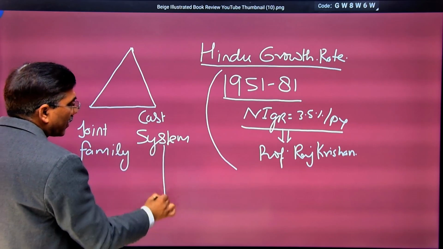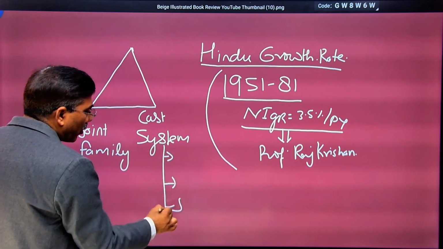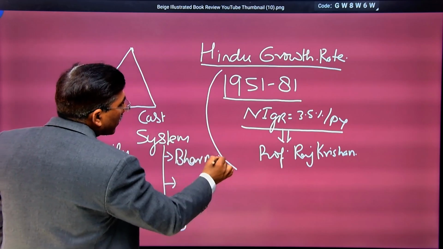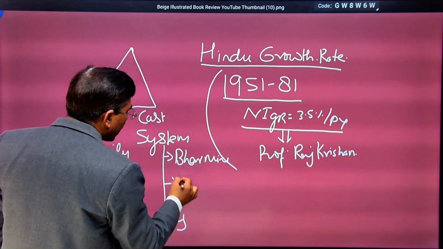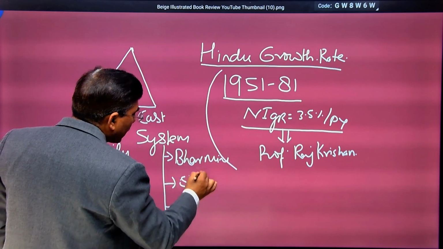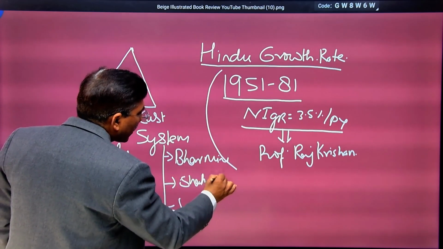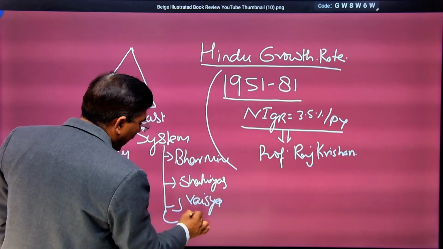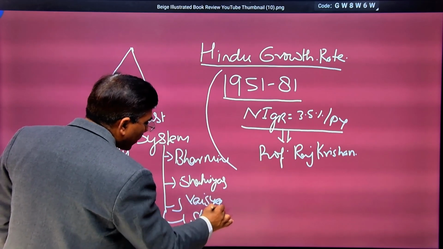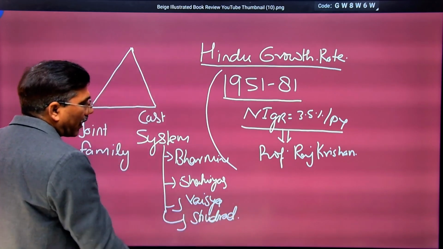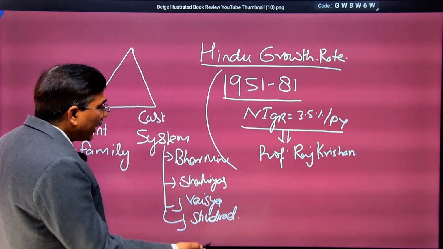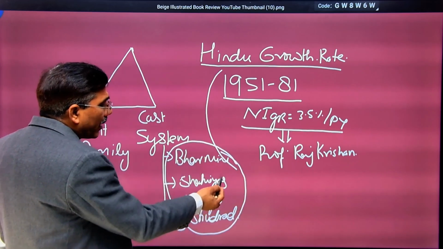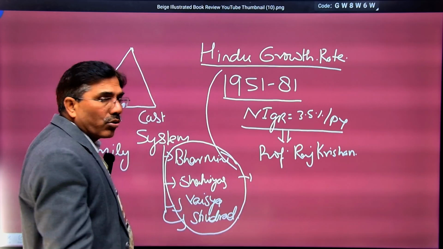What is caste? There was one model of caste in India: Brahmins, Kshatriyas, Vaishyas, and Shudras. These were the four varnas. There was no mobility in the caste and no mobility in the occupation.